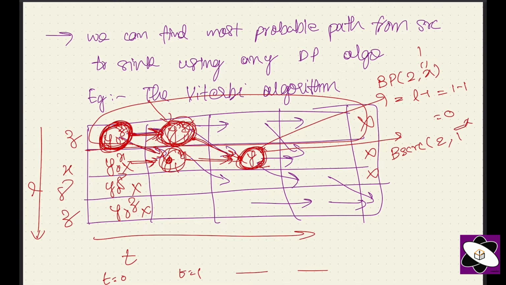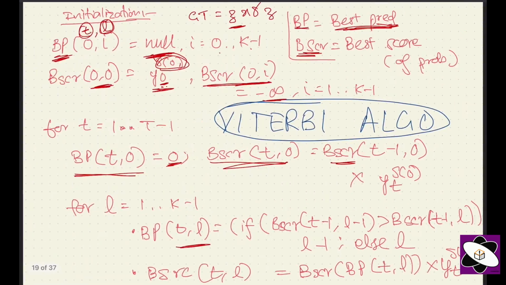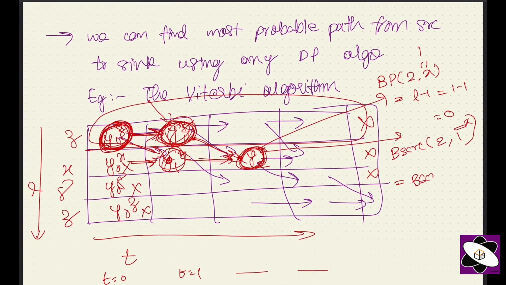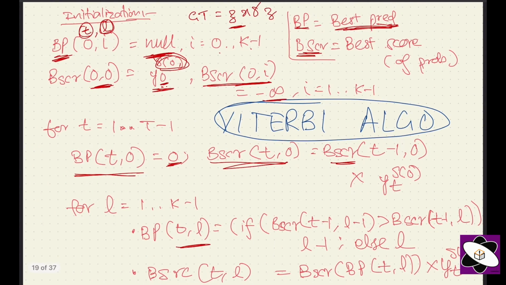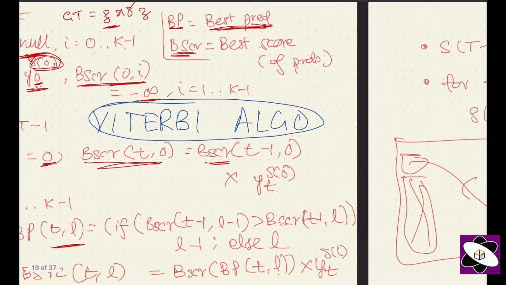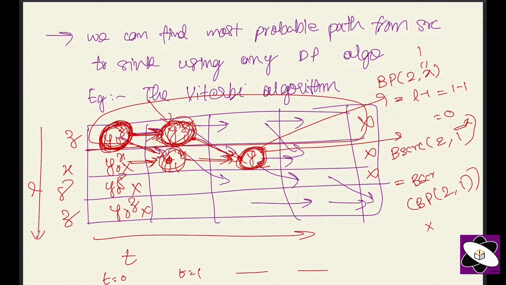If we take the index, it's nothing but b score of bp of 2 comma 1, right, b score of bp of t comma l into yt of s of l, which is y2 of s of 1. That is nothing but b score of bp of 2 comma 1, which is 0.